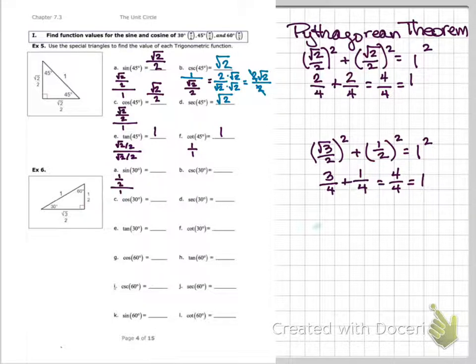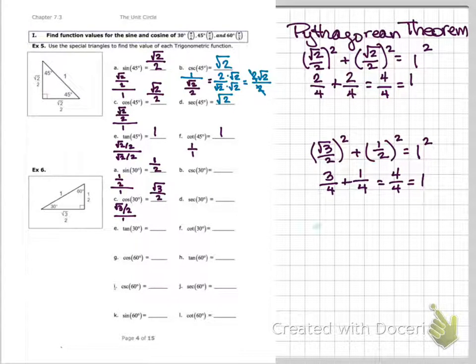My hypotenuse is 1, and so the sine of 30 is 1/2. Cosine of 30 is our adjacent side, square root of 3 over 2, over the hypotenuse, which is 1, which makes it square root of 3 over 2.